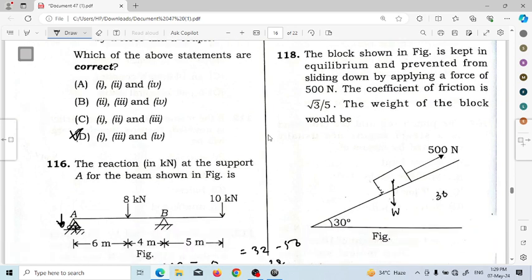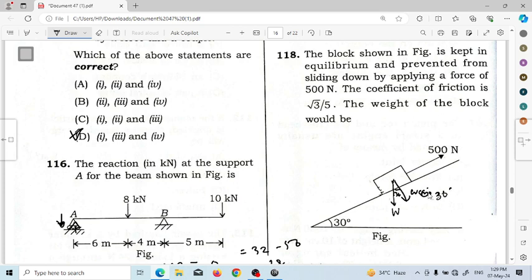Question number 118. The block shown in the figure is kept in equilibrium and prevented from sliding down by applying a force of 1500 Newton. The coefficient of friction given is √3 by 5, and the weight of the block. This is W sin 30.